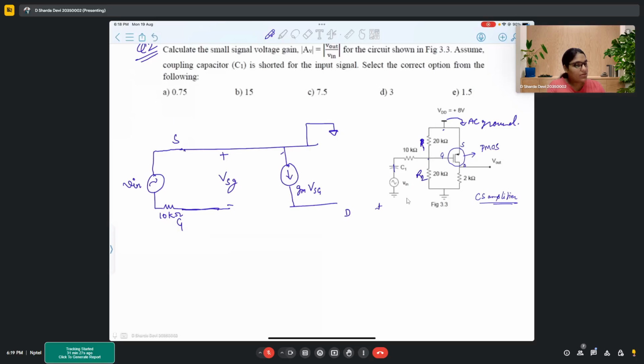So these two will also come here in parallel. And there is another resistor connected between drain and ground. So this is RD. You can connect it the other way around also. This is also fine, and this will be V out. So basically this potential will be V out.